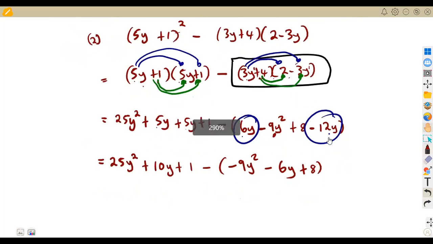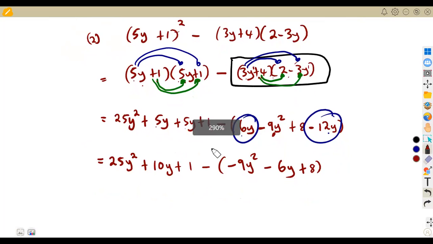Since we've got a negative to consider, we can expand everything by the negative. Like I said, this is the same as a negative 1. So you can consider expanding the brackets, but the first part here is going to remain as it is. I have to expand this part of the bracket by negative 1.